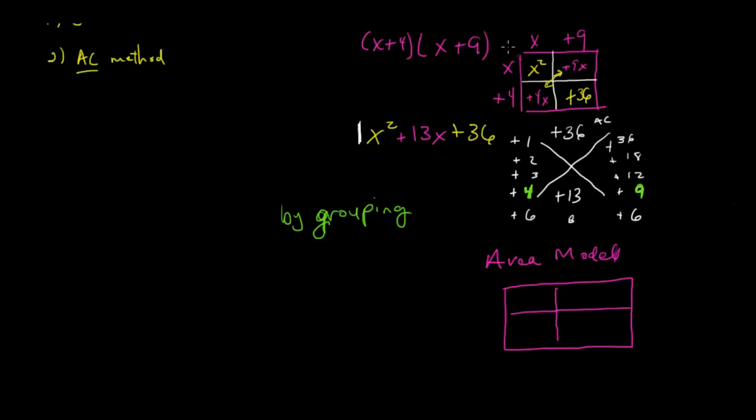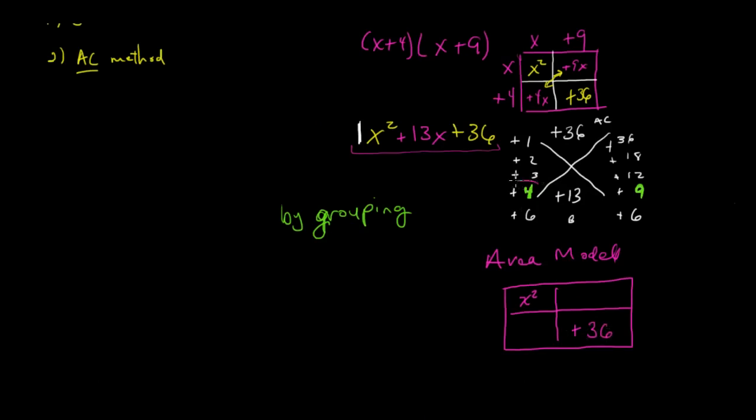And instead of filling out the outside, I'm going to fill out the inside of the area model with my polynomial. I'm going to put my first term in this upper left corner, x squared. I'm going to put my last term in the lower right corner, positive 36.